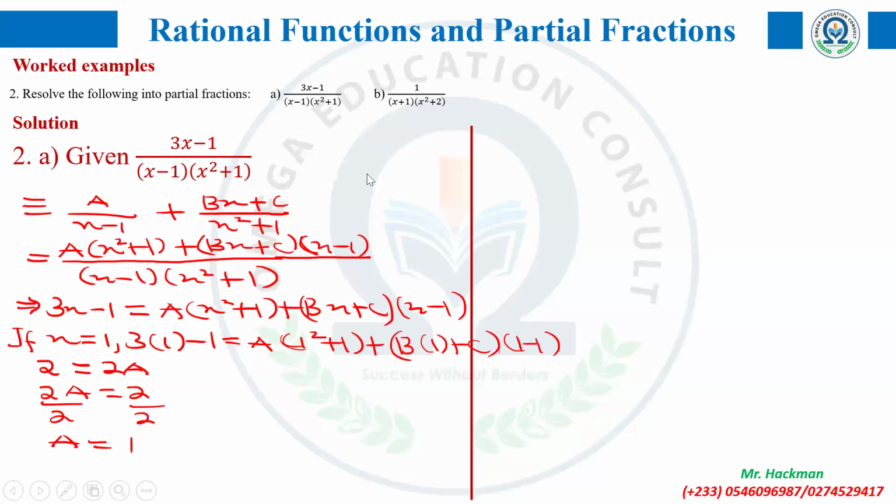There are always what I call liberty values that you are supposed to go for after you've exhausted all your possible linear factors that you set to 0 to help you do the direct substitution. The liberty values that you go for will be 0, if x is equal to 0 has not been used.